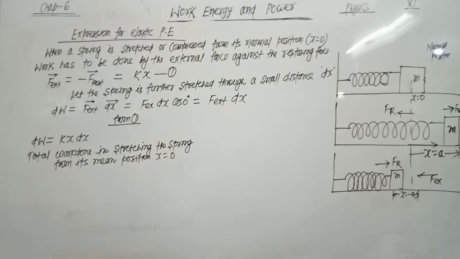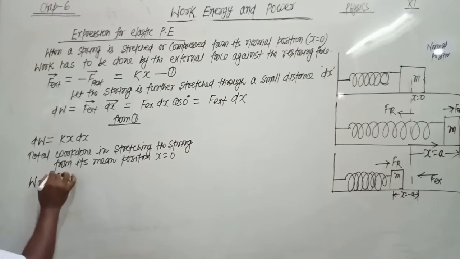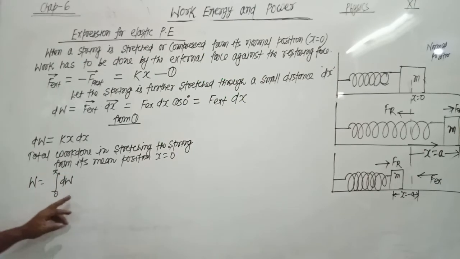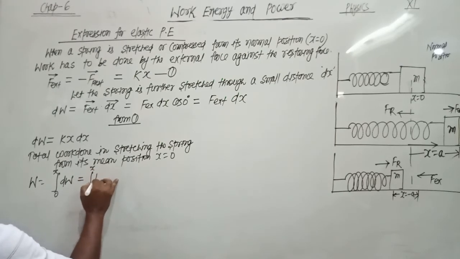So total work done in stretching the spring from its mean position x equals to 0 is given by W equals integration of dW, limit from 0 to x.